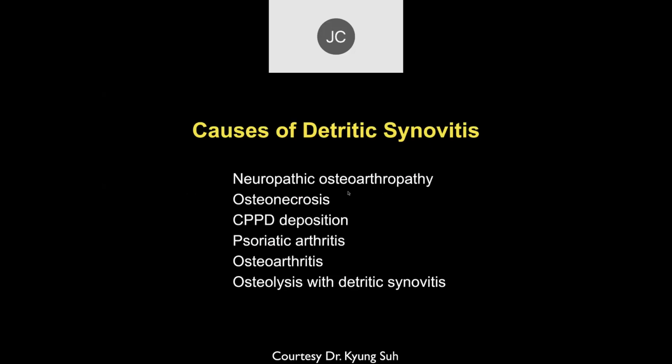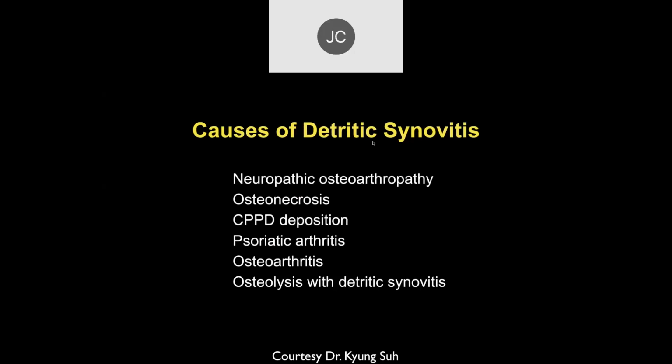So this dendritic synovitis can be caused by neuropathic osteoarthropathy, osteonecrosis. You can get chronic repetitive trauma to the joints and a disrupted joint, CPPD deposition, psoriatic arthritis, chronic osteoarthritis, and times when you get osteolysis. Okay.